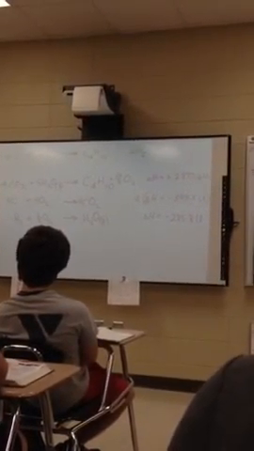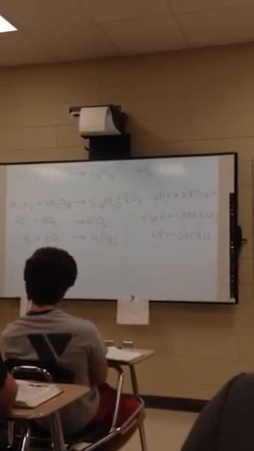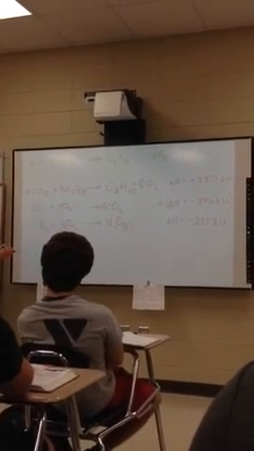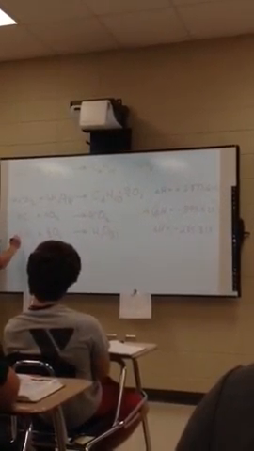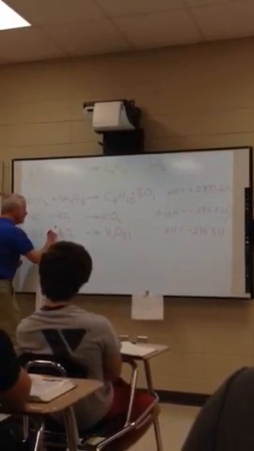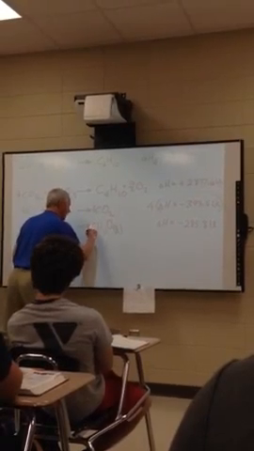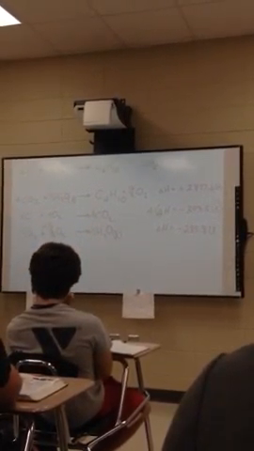Okay, you understand why I multiplied by 4? Because if you don't, you need to ask right now. Okay, now, on the water, I need 5 moles of water, so I'm going to multiply through by 5. 1/2 times 5 is 2 1/2. And then I'll have 5 moles of water.